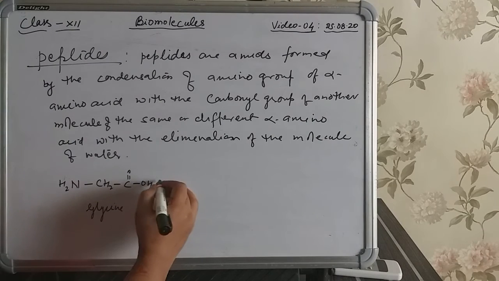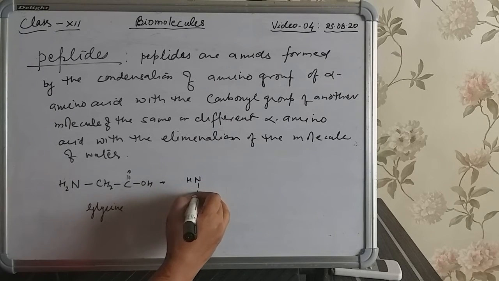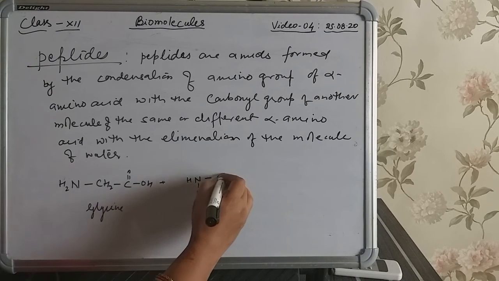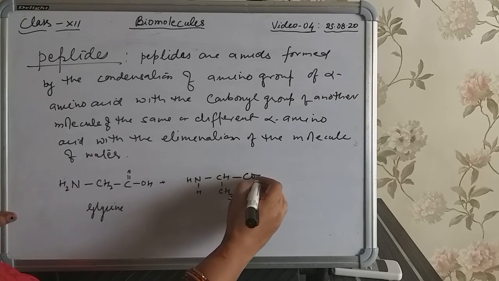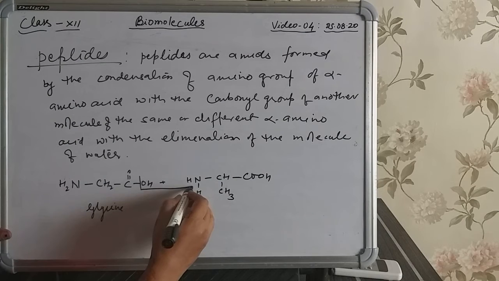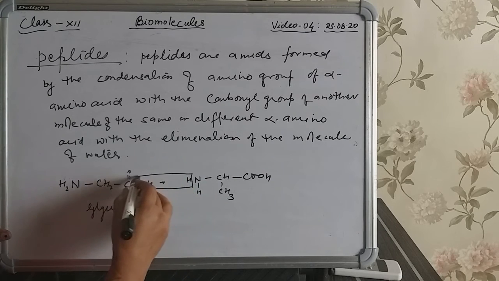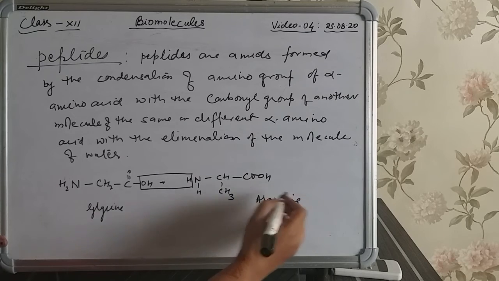And another amino acid, suppose we take NH2, CH, CH3 and COOH. This is the structure of alanine.